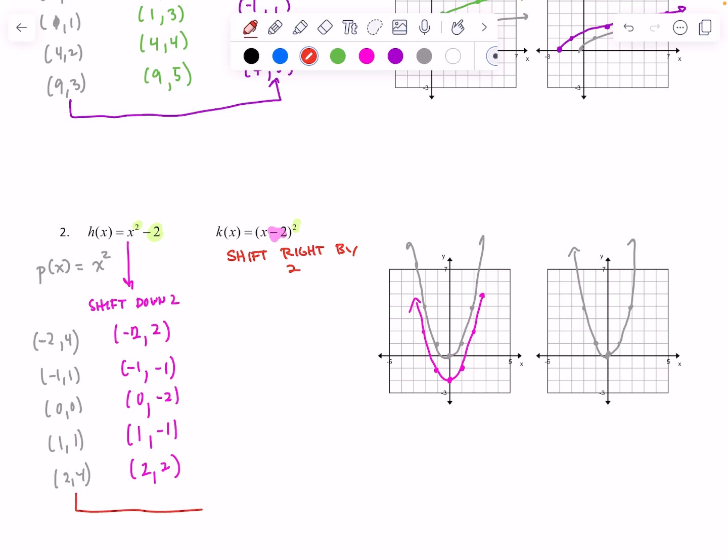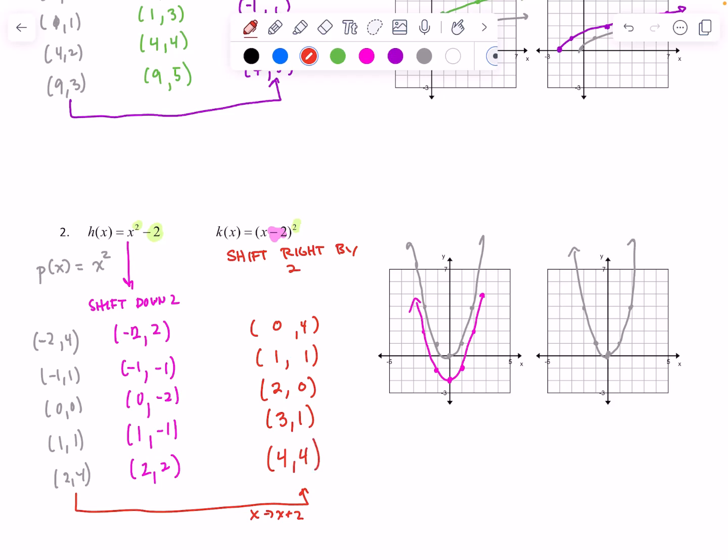So I'm going to start with these original ones again, and I'm going to do x gets 2 added to it. So we'll see all of the y's stay the same, but when I add 2 to -2, I get 0. When I add 2 to -1, I get positive 1. 0, 0 is going to shift right over to 2, 0. 1, 1 is going to shift to 3, 1, and 2, 4 is going to shift to 4, 4.